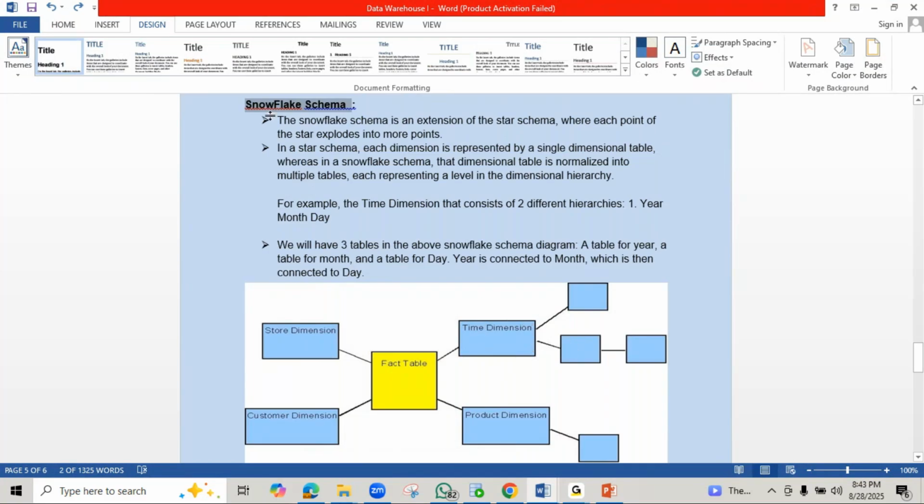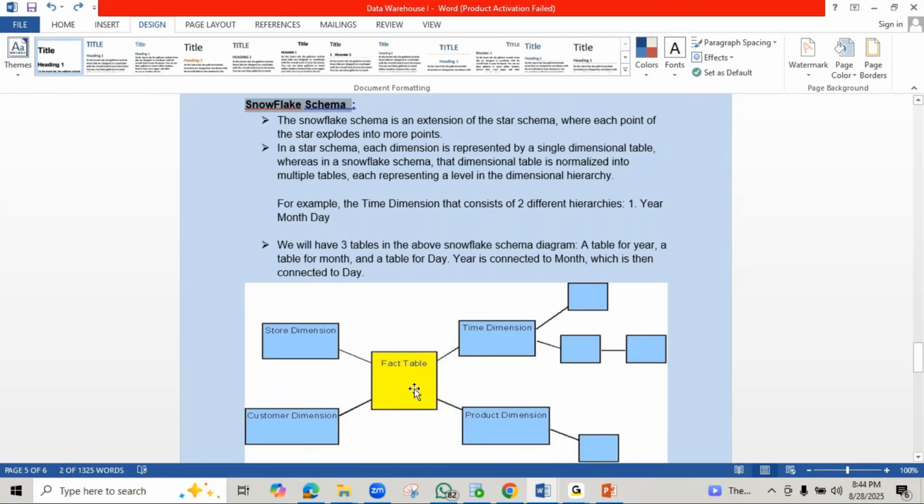So what is the snowflake schema? It is just an extension of the star schema. It will have one centrally located fact table surrounded by multiple dimension tables, attached to the fact table.